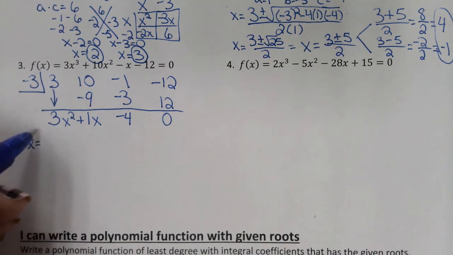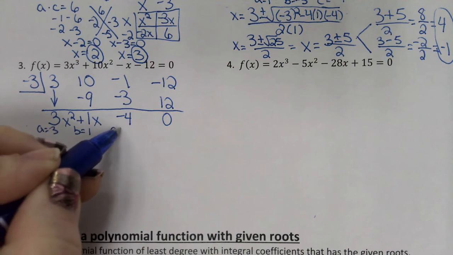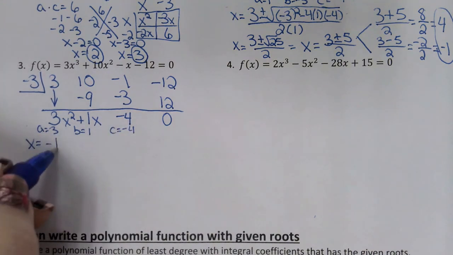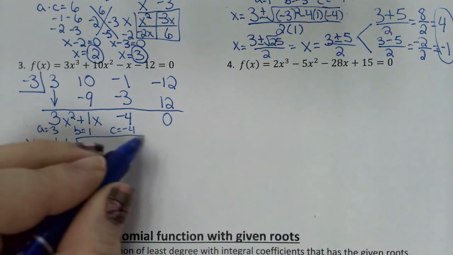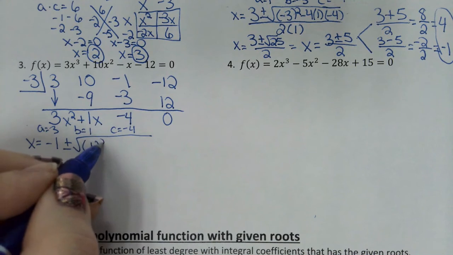So a is 3, b is 1, c is negative 4. So x equals negative b plus or minus the square root of b squared minus 4ac all over 2a.